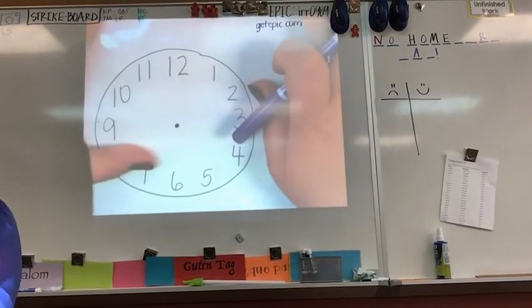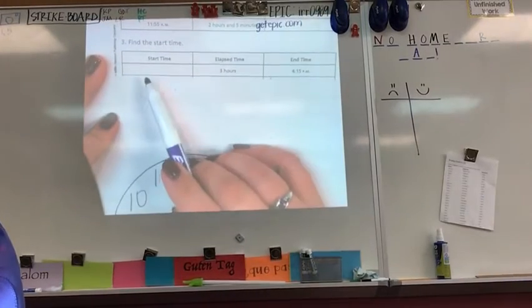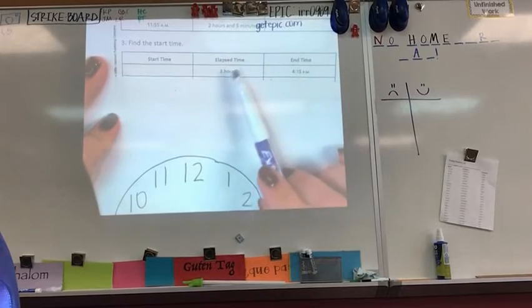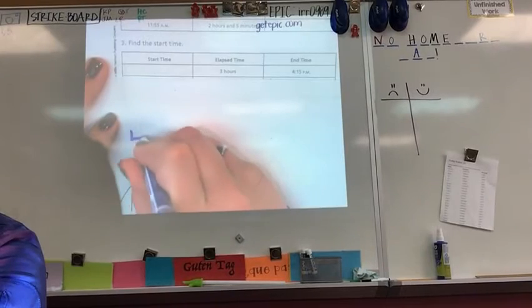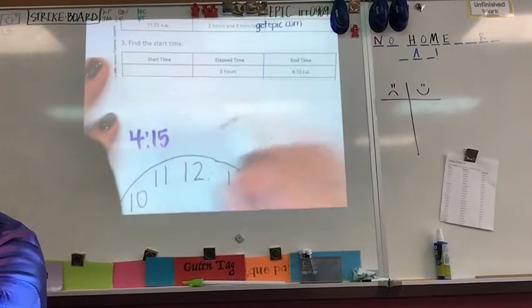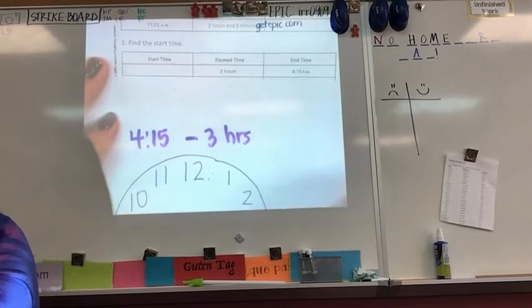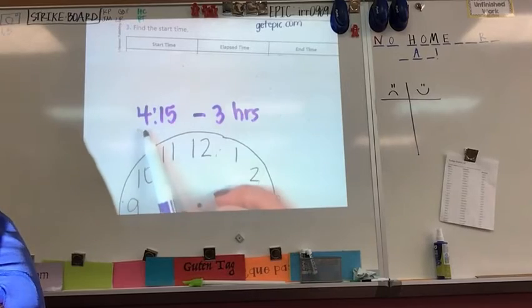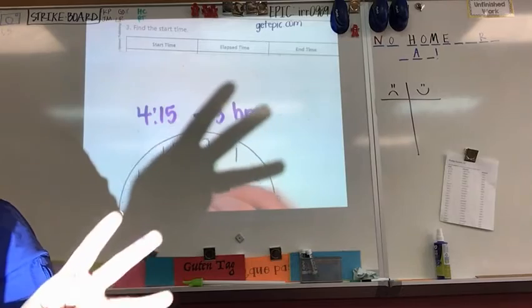These ones I think are the toughest ones. They are going to give us our ending time, and we're going to count backwards to find our starting time. So if we ended at 4:15, and we're going to subtract 3 hours from that, we would say, okay, 4:15 minus 3 hours would be 3:15, 2:15, 1:15.